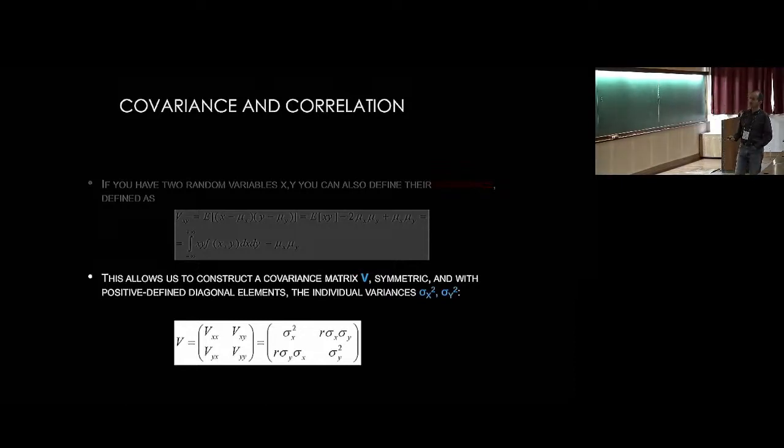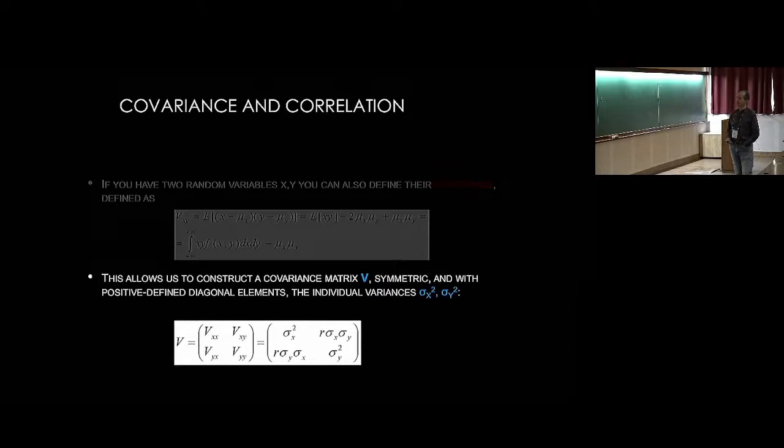refer to one another. The correlation term here is called R, and it's a correlation coefficient that you put in front of the product of the two square roots of variances, sigma x and sigma y. You see this matrix is not diagonal, okay?